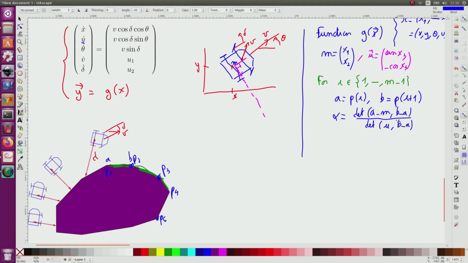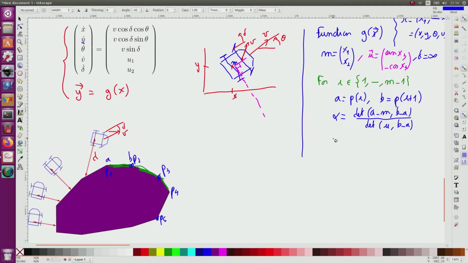Now I will initialize the first distance. I assume that at the beginning I have no segment. So the distance at the beginning is equal to plus infinity. But after it will change, since each time I add a new segment, I will decrease d, because maybe it will be the right segment that will be intersected.